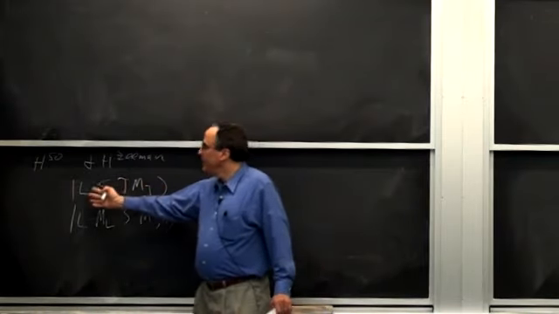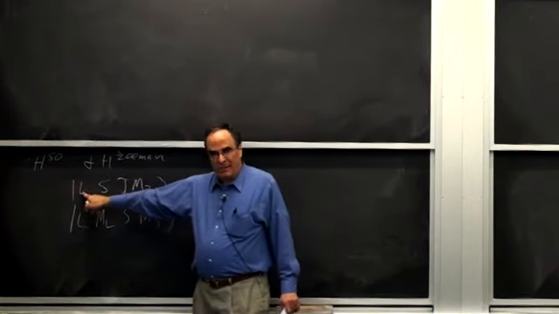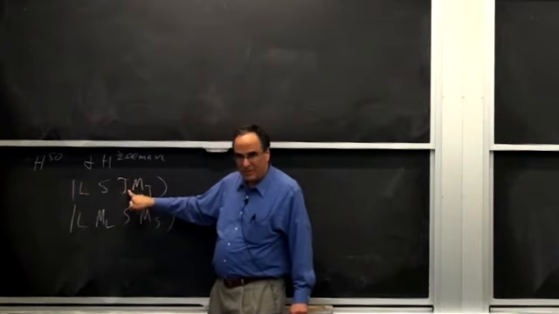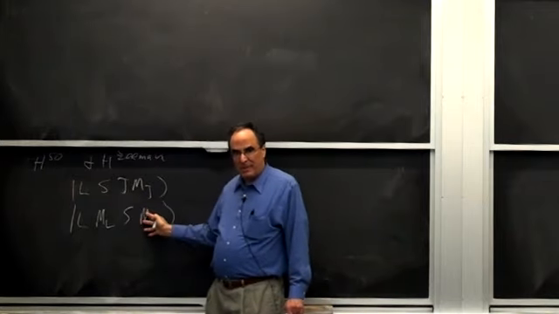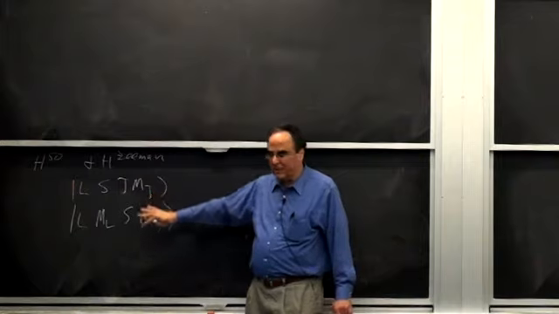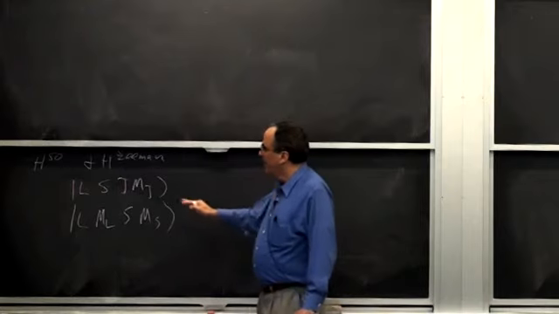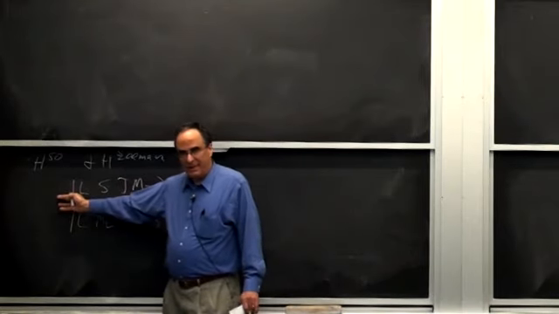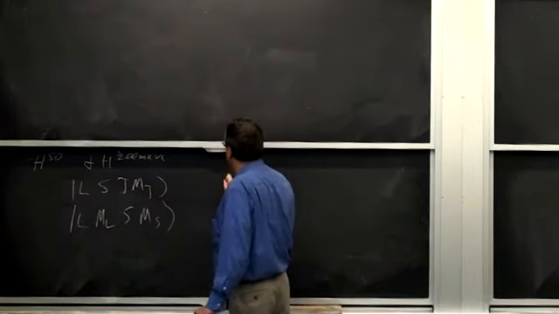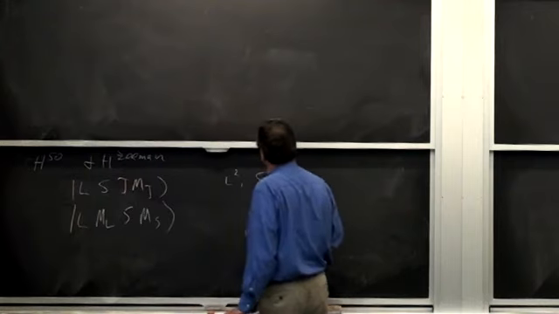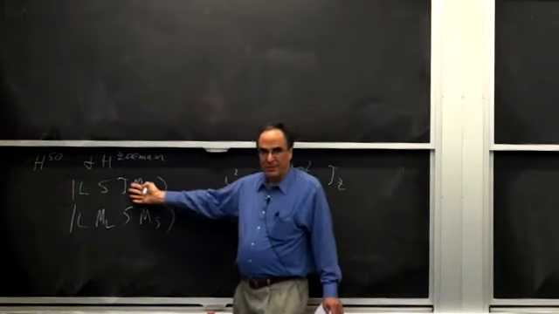And these two basis sets have labels here. This corresponds to an eigenvalue of L squared, of S squared, of J squared, of Jz. And so these are the quantum numbers we use to specify the basis functions. One of the useful things about this is that whenever an operator is applied to one of these, if it's L squared, S squared, J squared, or Jz, we know what happens.